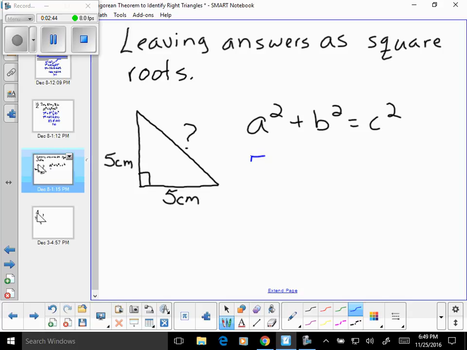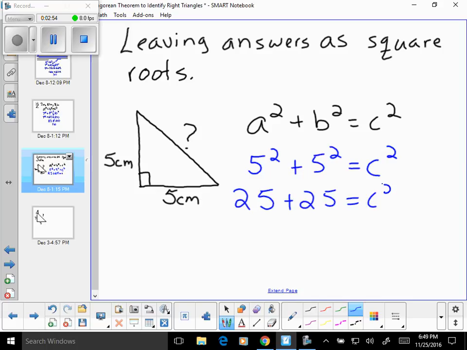So I'm going to substitute 5 squared plus 5 squared equals c squared. 25 plus 25 equals c squared. This is where I use my reflexive principle and I go c squared equals 50. Again, the square root of c squared is c, so I need the square root of 50.